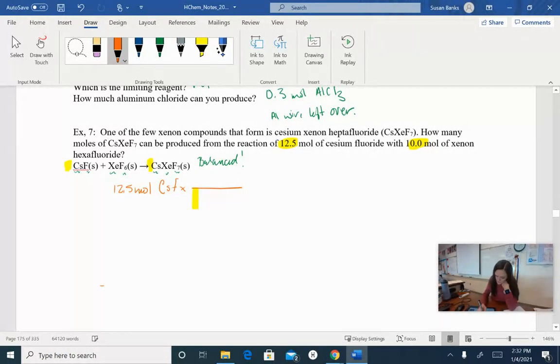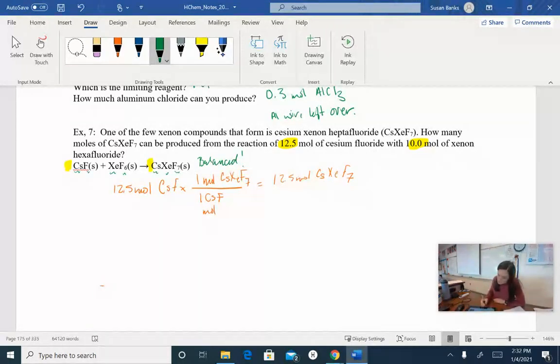So 1 mole of cesium fluoride reacts to make 1 mole of cesium xenon heptafluoride. So that means I will be able to make 12.5 divided by 1 times 1, which is 12.5 moles of cesium xenon heptafluoride.